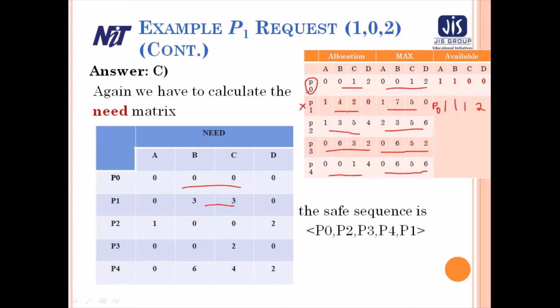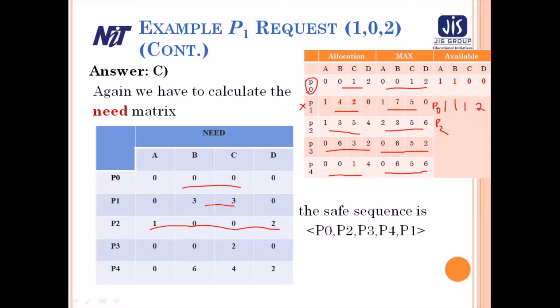P2's need is 1002, so we can easily give the resources to P2. It takes 1 and 2 from our available, and after completion it gives back this 1 and this 2 again.